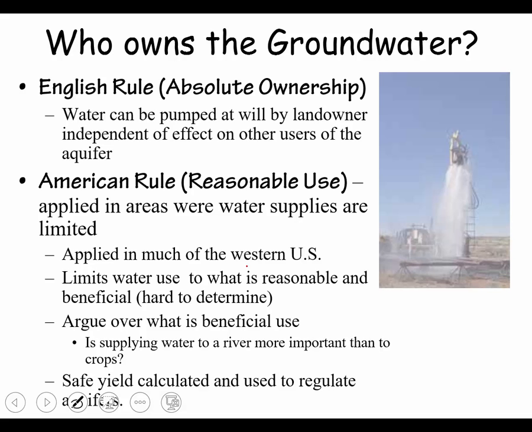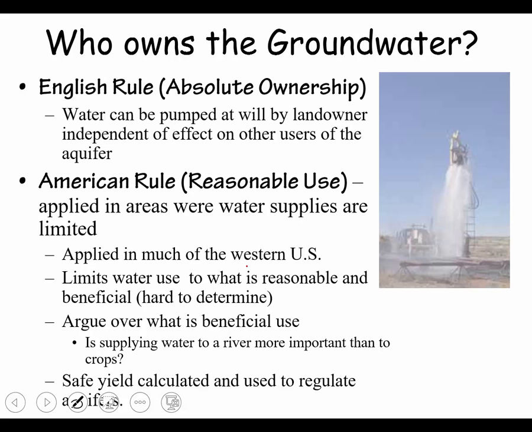And it turns out the question of who owns the groundwater kind of depends. There is an English rule that basically says, I own it, I can do whatever I want with it, and the heck with you. Okay.